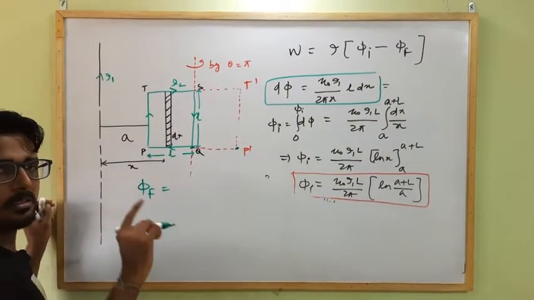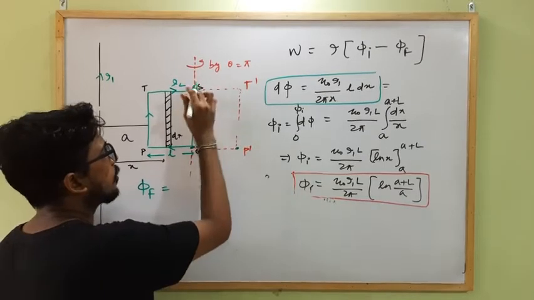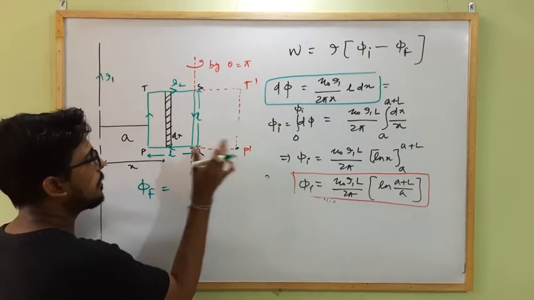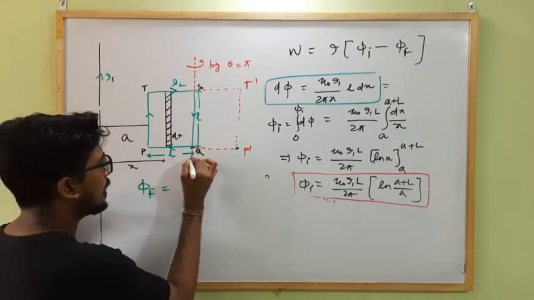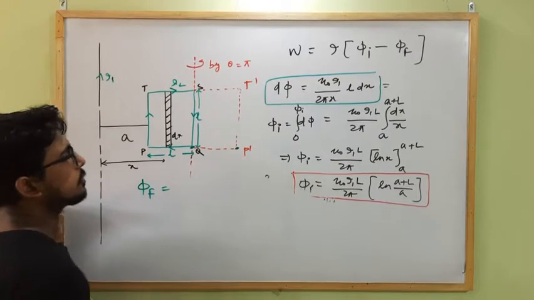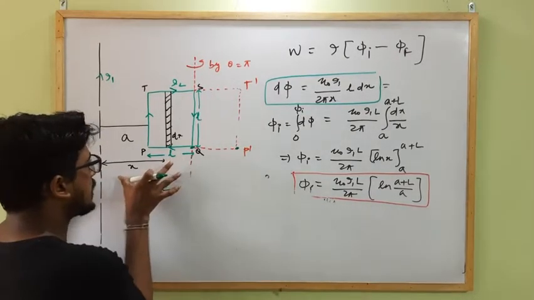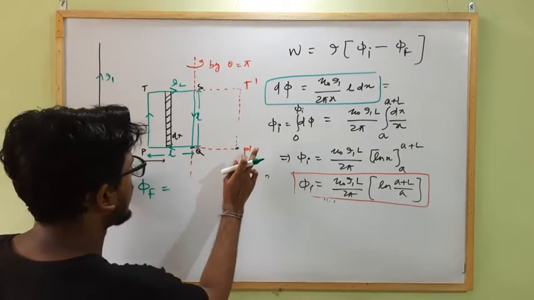Clear? So now we have to calculate the net flux linked with this coil within this position. So the limit of x will vary from a plus L to a plus 2L. Here the distance x varies from this length, that is a plus L, to this length, that is a plus 2L.